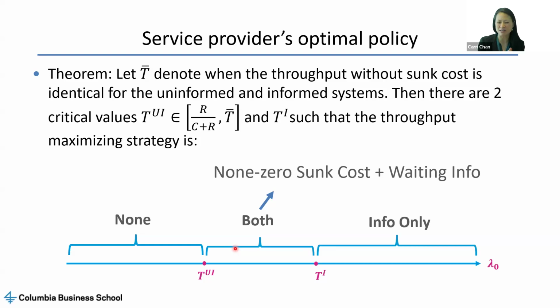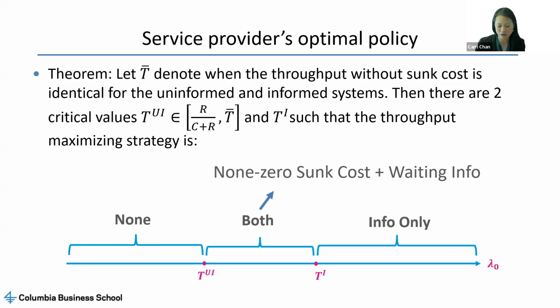This is where that delicate balance is: let's use the sunk cost to keep people in the second stage. And so that'll get them in. But we also have to provide enough waiting time information so that they can make the decision accurately. So that's the main takeaways from our model.